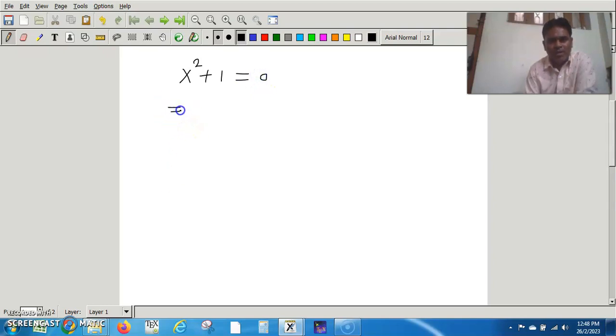Then if we try to solve this equation, you will find x equals to plus minus under root of minus 1, and this under root of minus 1 is written as iota. So dear students, this iota, which is the negative under root, does not belong to the set of real numbers.